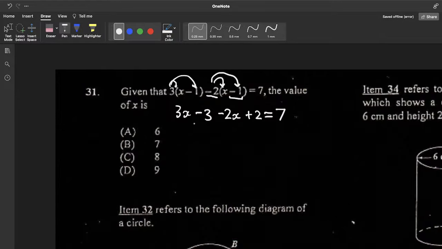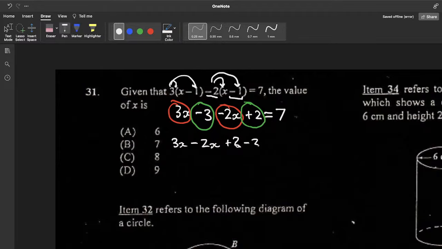Now we group the x's and group the numbers. So then we'll have them grouped based on what's in front of them sign-wise. I like to do this so students can better understand and visualize how they are grouped. So we would have 3x minus 2x, and then plus 2 minus 3, is equal to 7.